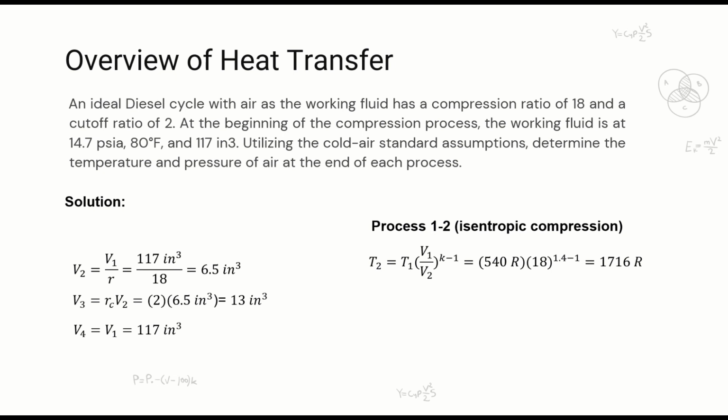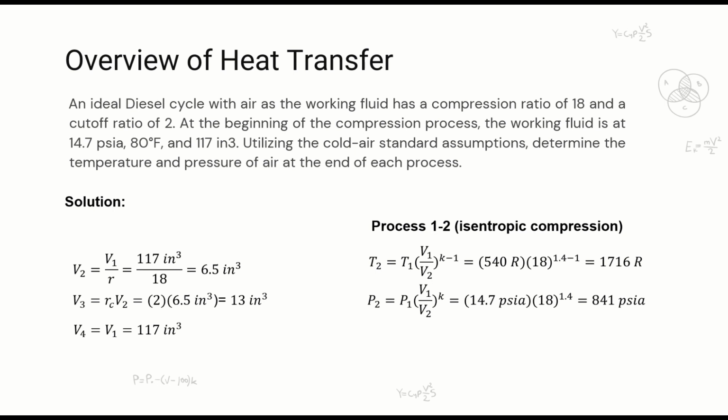For T2, let us multiply 540 R by 18 raised to 1.4 minus 1. Our 1.4 here is k, subtracted by 1. So we have the value of 1716 R. Now let's solve for P2.